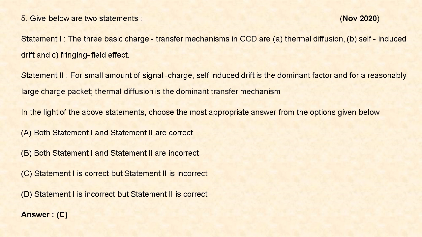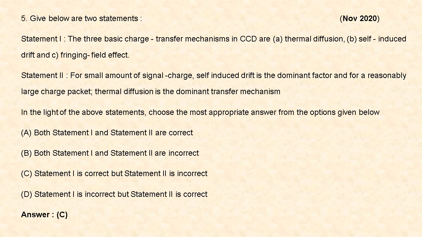The next question. Statement 1. Three basic charge transfer mechanisms in CCD are thermal diffusion, self-induced drift and fringing field effect. Statement 2. For small amount of signal charge, self-induced drift is the dominant factor, and for a reasonably large charge packet, thermal diffusion is the dominant transfer mechanism.